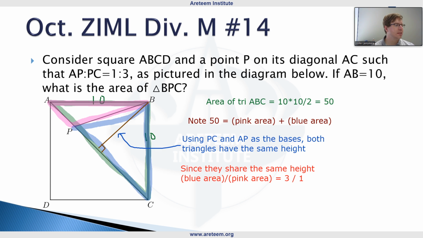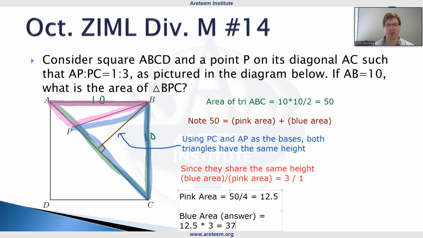So what does this tell us then? 1/4 of this is 12.5, and then we have to multiply by 3. Let me write both of them down, but remember which one is our answer. The pink area is 50 divided by 4, which is 12.5, and the blue area, the answer, is 12.5 times 3, which is 37.5.